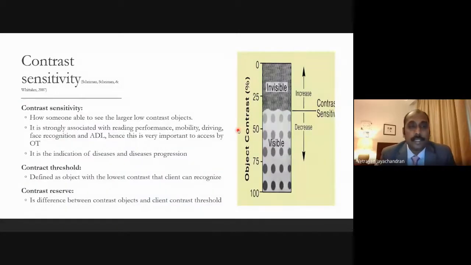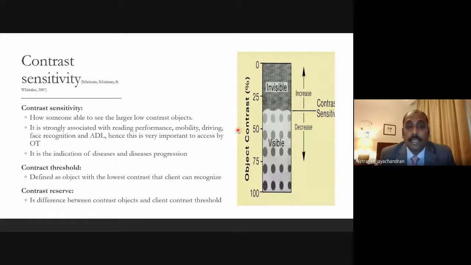Next is contrast sensitivity. This is one of the strong areas where OT has to be concerned, because contrast sensitivity is strongly associated with many of our daily life activities like reading performance, mobility, driving, and recognizing faces, especially for communication, because you cannot identify the emotional reactions shown on the face if you don't have a good ability to distinguish the different parts of the face. You may also have difficulty in doing leisure activities.